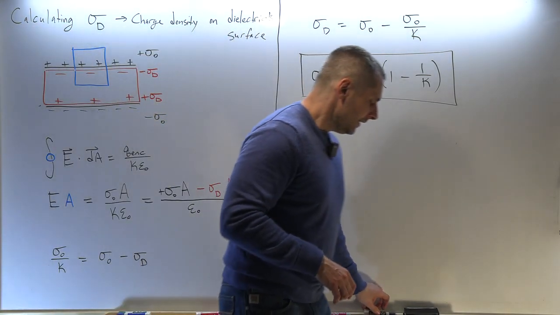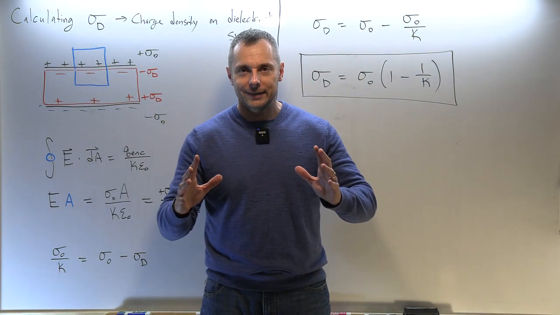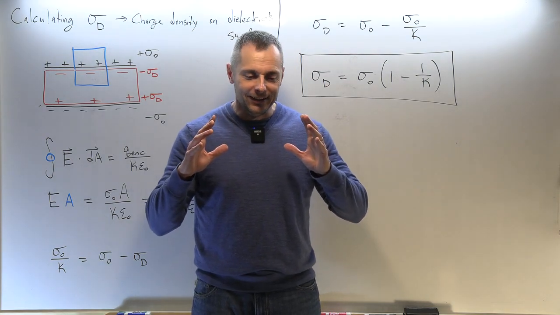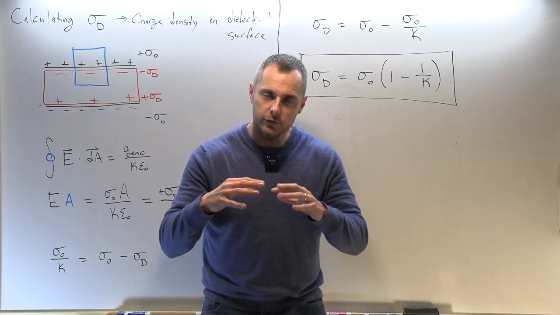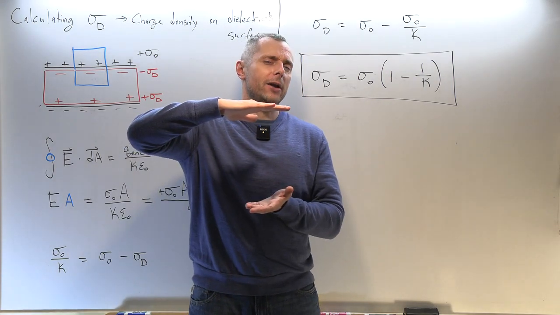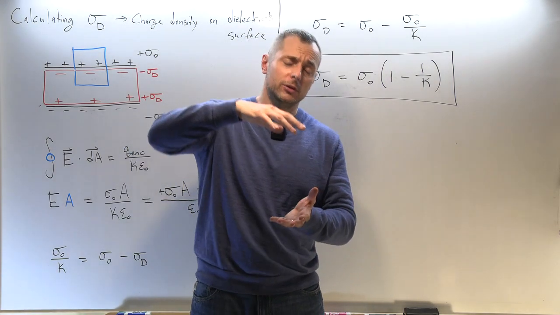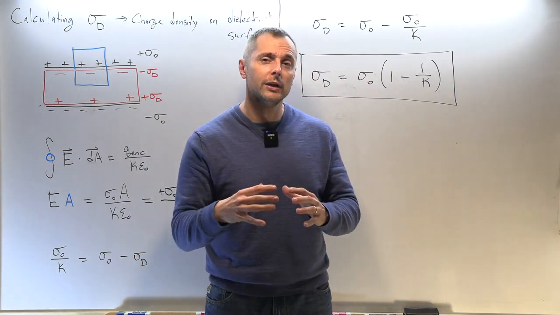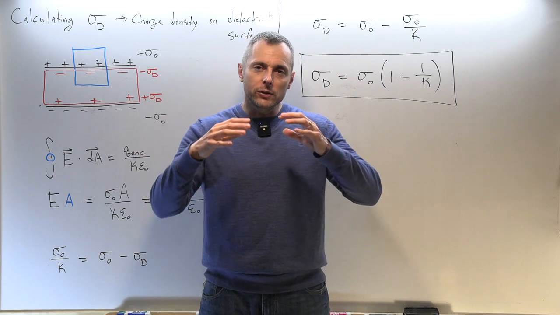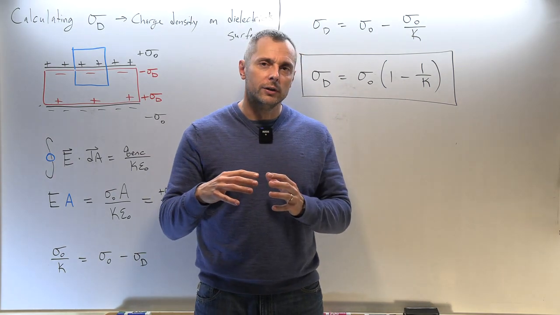Okay, so in conclusion, the dielectric, any atoms or molecules, reduce the electric field in a material unless the battery maintains it and keeps it constant and it compensates by charge. But in general, all things being equal, it reduces the electric field. That reduces the voltage in a capacitor.